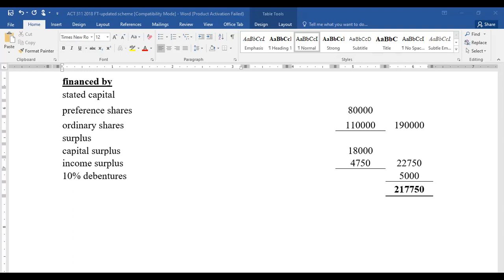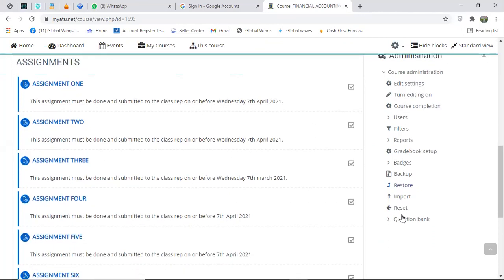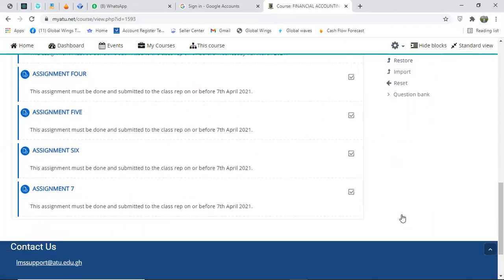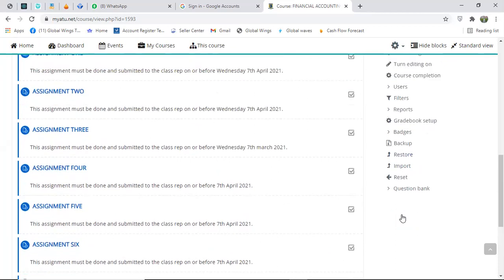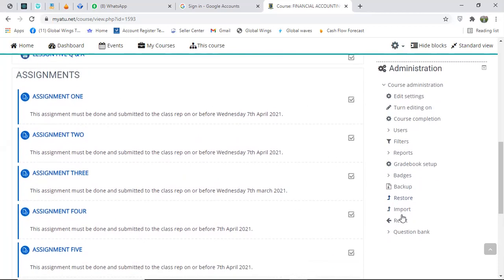So you have assignment 1, assignment 2, assignment 3 in that order. These are the assignments: assignment 1, assignment 2, assignment 3, assignment 4, assignment 5, assignment 6, and 7. So which of them are you talking about in specific?